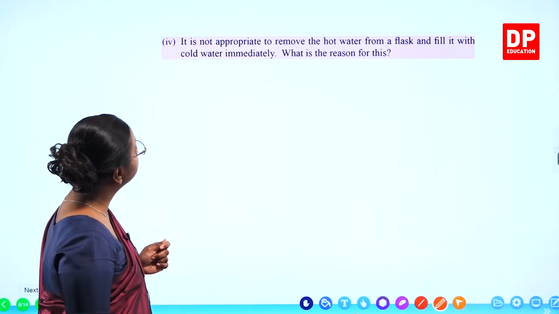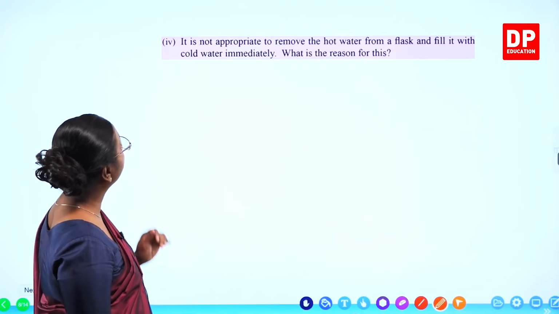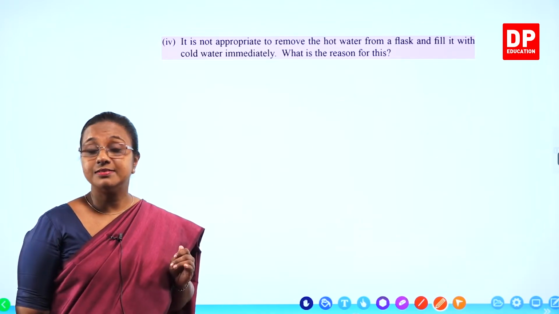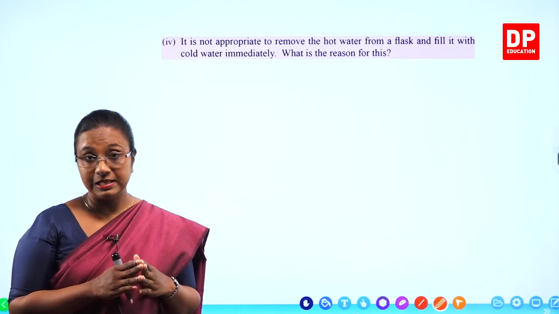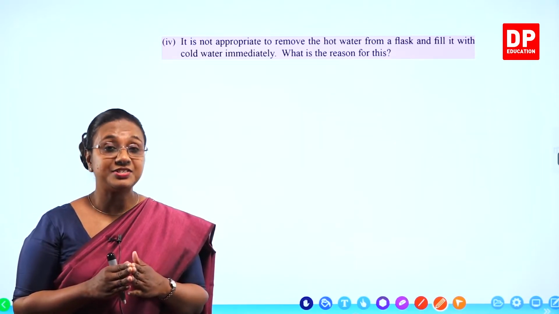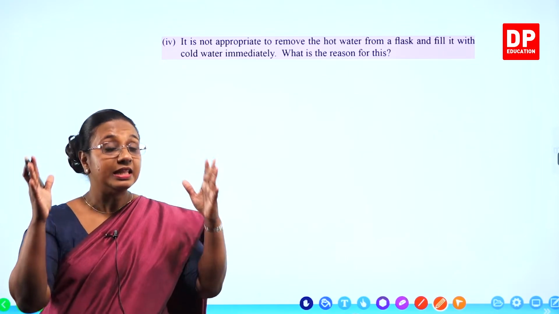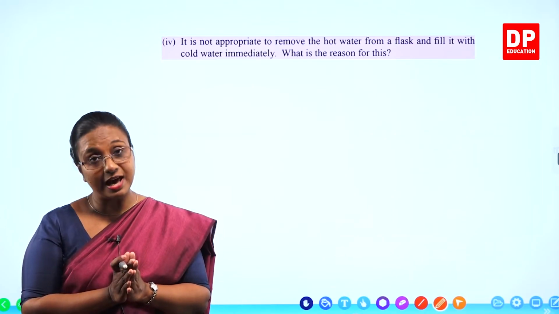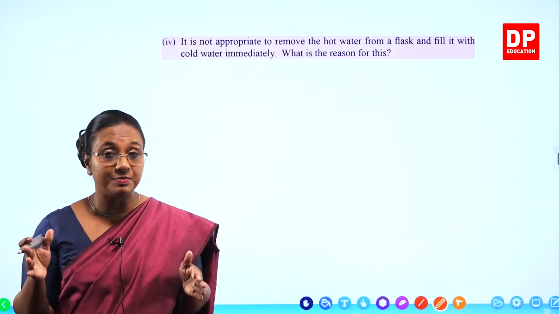It is not appropriate to remove the hot water from a flask and fill it with cold water immediately. What is the reason for this? You are familiar with thermal expansion and contraction. So when there is hot water inside the flask, the surface or the container is made up of glass, and glass tends to expand due to the high temperature.